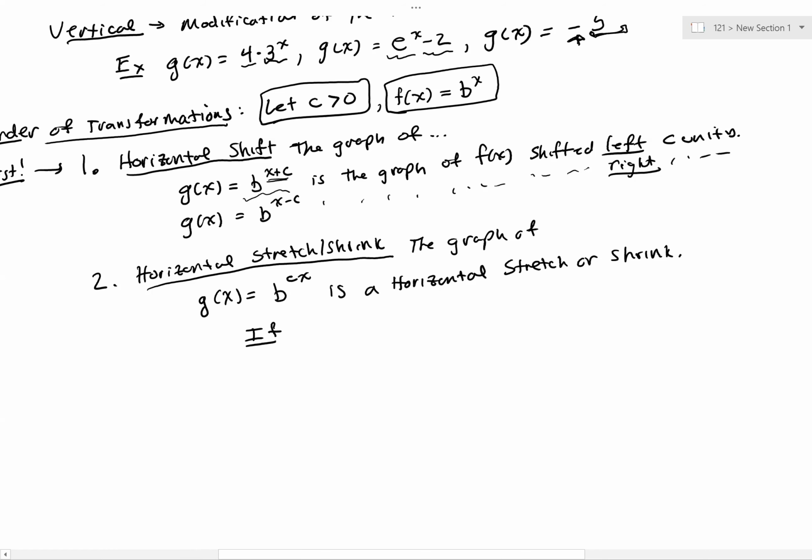So it really depends on the size of c. If 0 is less than c is less than 1, which means c is a number multiplying x like a half, between 0 and 1, we're going to have a horizontal stretch. If c is greater than 1, then we have a horizontal shrink.